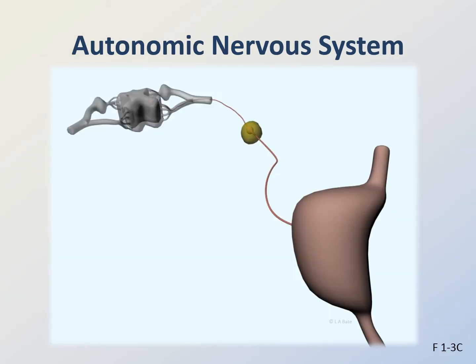The connections of the autonomic nervous system are a little more complex than those of the somatic nervous system. They involve the spinal cord, two efferent neurons, synapse at a ganglion, and the effector organ.